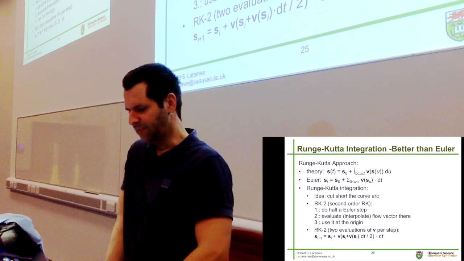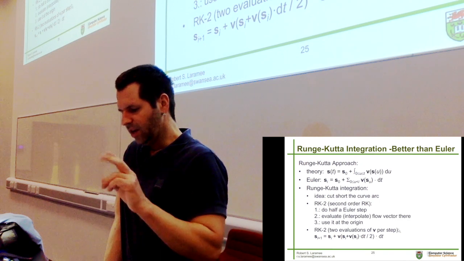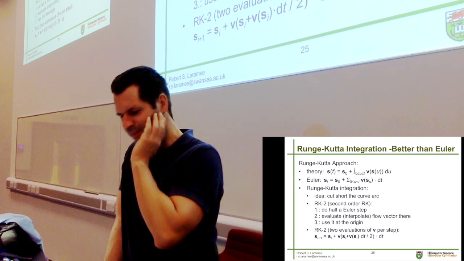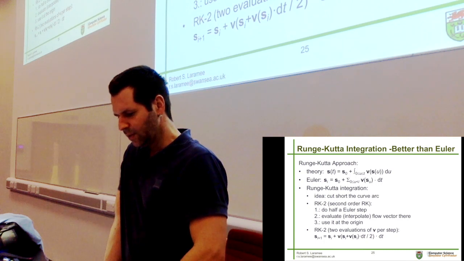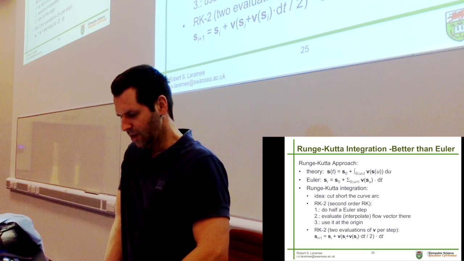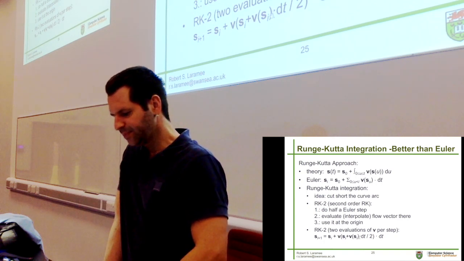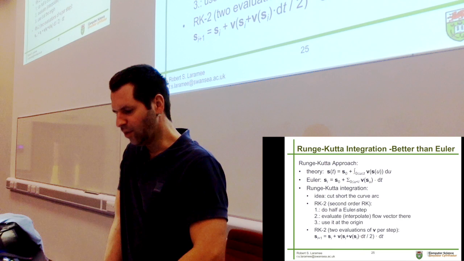What does that mean? So it's kind of like a look ahead vector. There are two velocity vectors being used in the evaluation of the next point in this case. This is like the Euler velocity vector, but this is not the original Euler velocity vector anymore. It's a half of an Euler step.